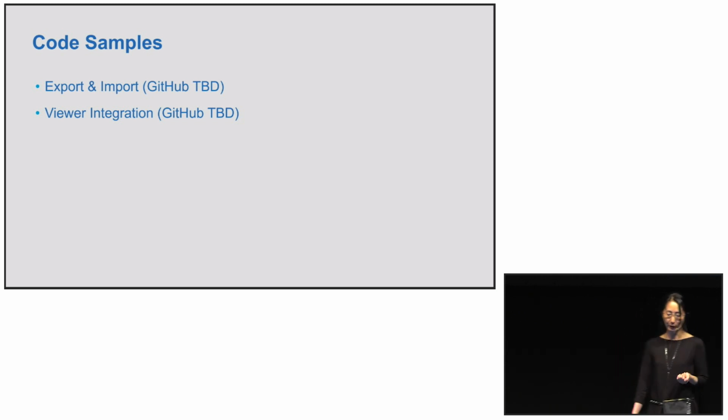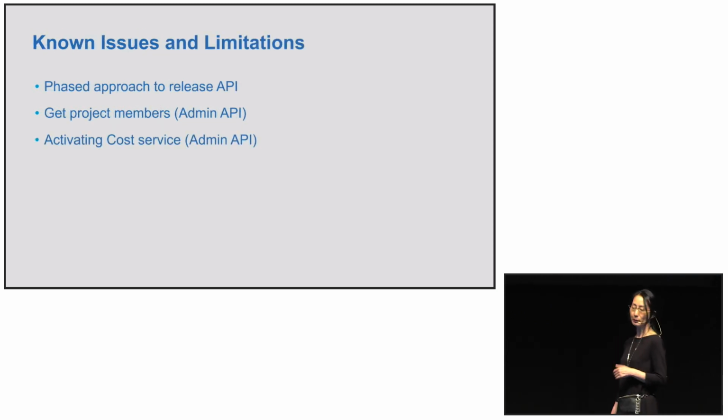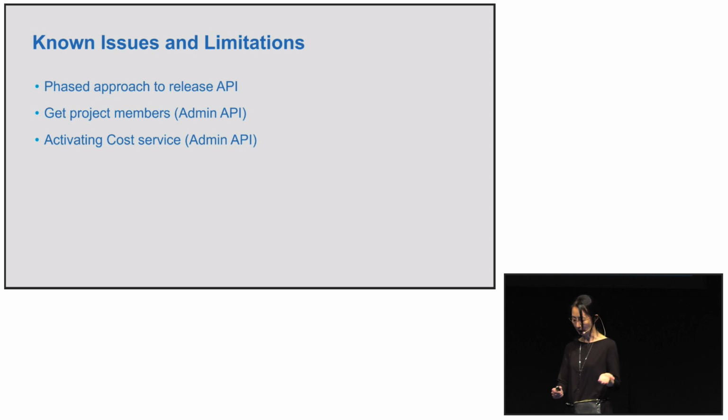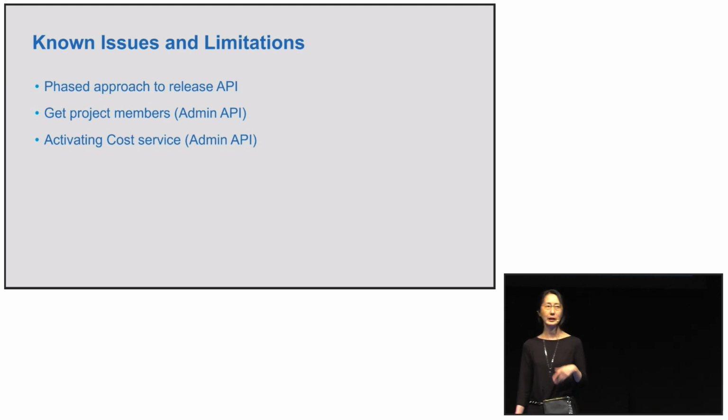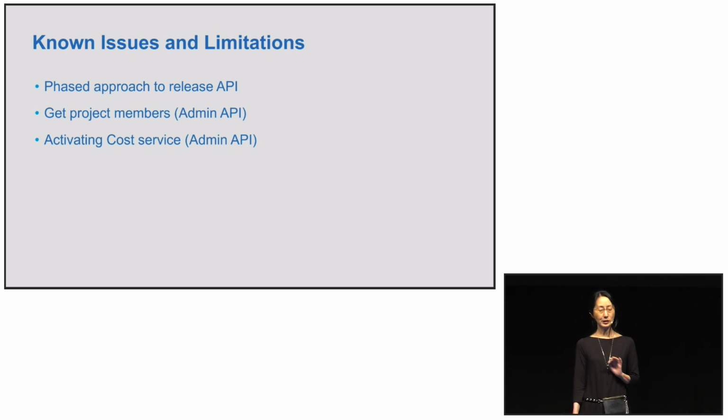And known issues and limitations, the phased approach. The cost team is saying that they are not going to release 100% at once. For instance, in project management, you have to have some initial template setting. That part may come later, but the initial application access to the document in each project should be there. We also have wishes where people want to have project setup automatically.